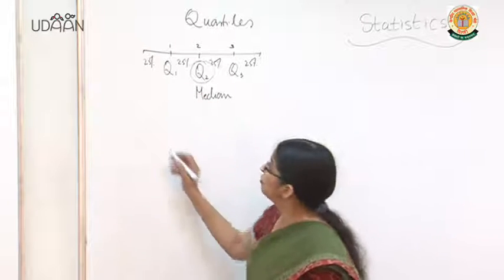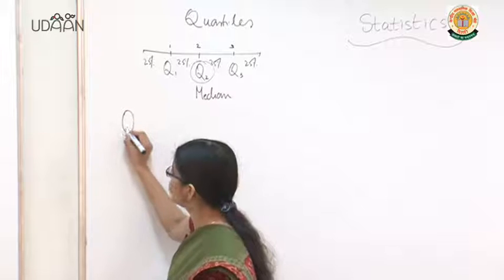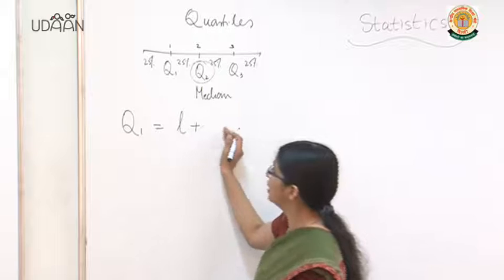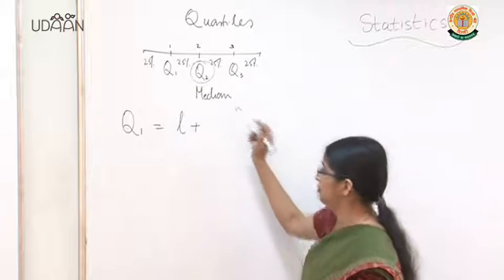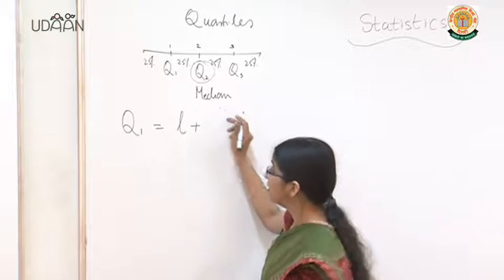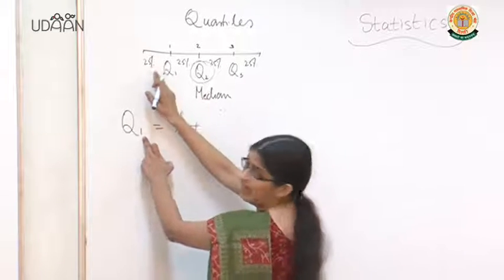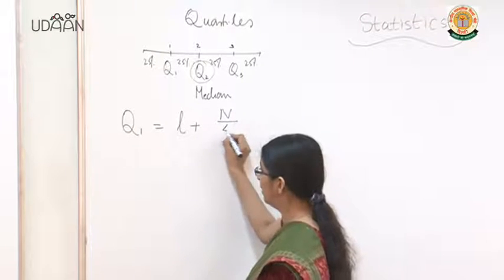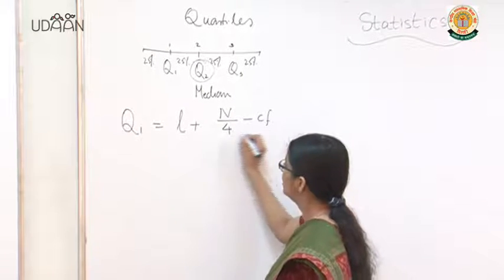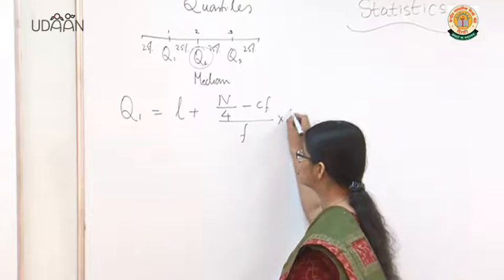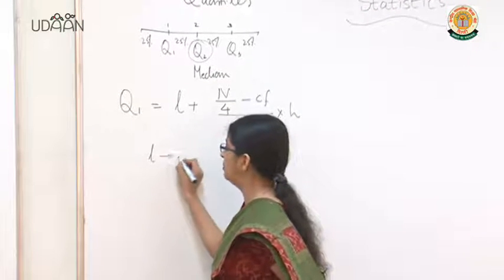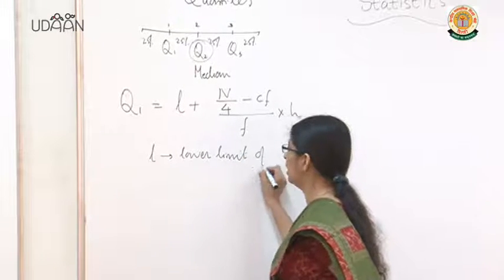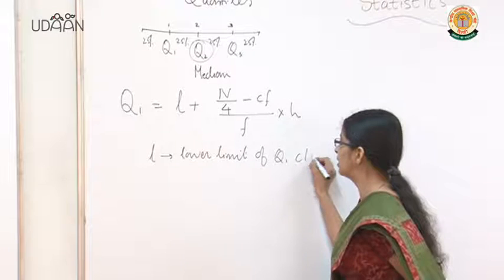Now I am going to give you the formula for finding out the first quartile Q1. It is given by L plus, the formula is exactly similar to that of median. Less than Q1 we have only 25%, so it will be L plus n by 4 minus Cf divided by f into h, where L is the lower limit of the Q1 class.